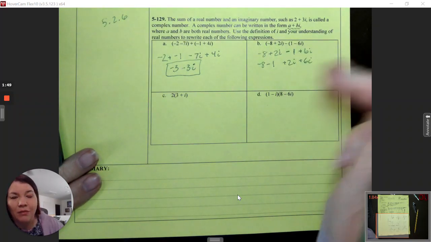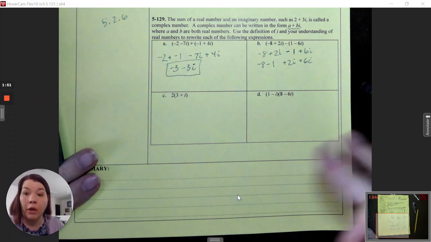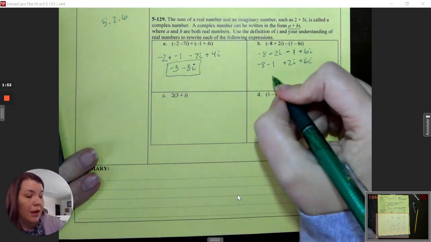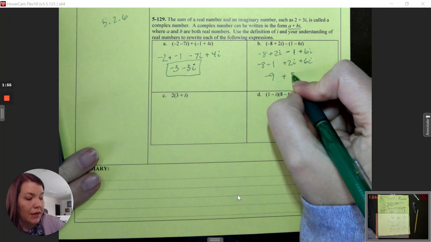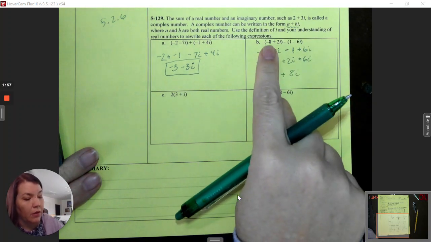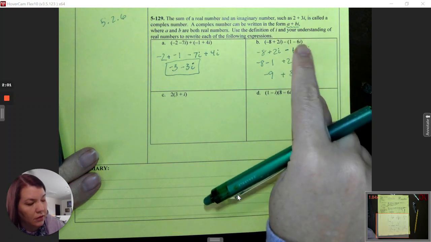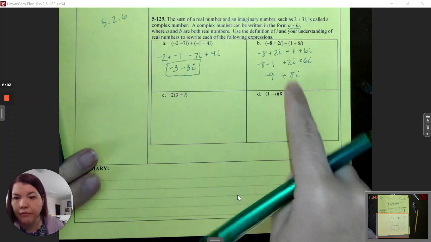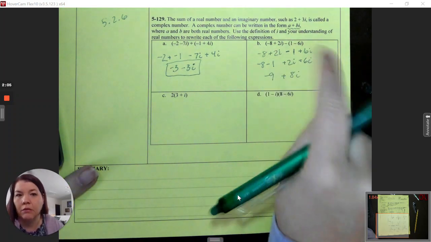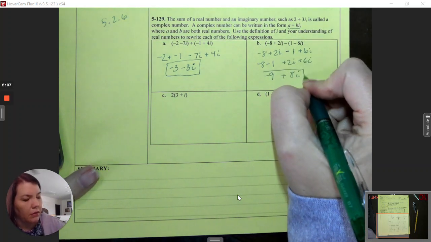And again, if you don't need to write that, it's fine. Remember, I'm showing more than I need. -9 plus 8i. I would normally look at this and go, okay, -8, -1, that's -9. Positive 2 plus 6 will be positive 8i. That's really what I do. I don't show this, you know, we're learning.